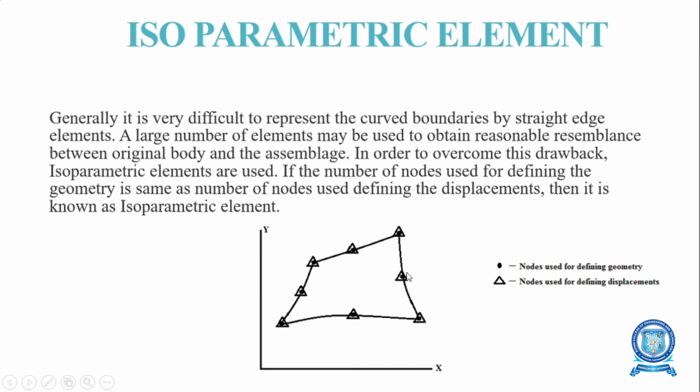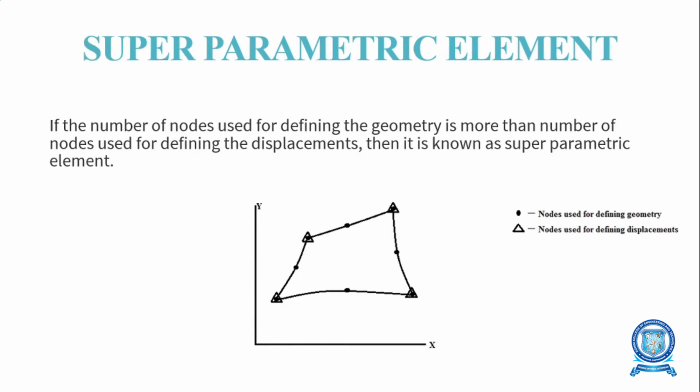So there are 8 dot nodes defining the geometry and 8 triangular nodes defining the displacements. If the geometry nodes and the displacement nodes are equal, then it is called an isoparametric element.